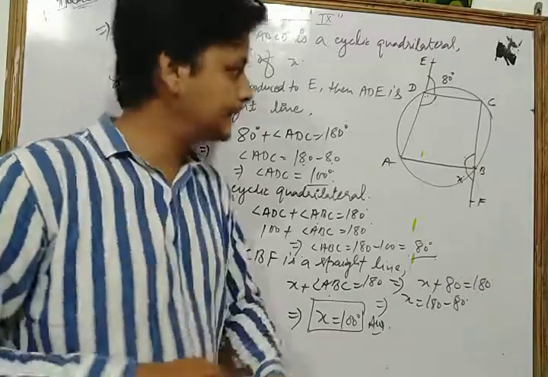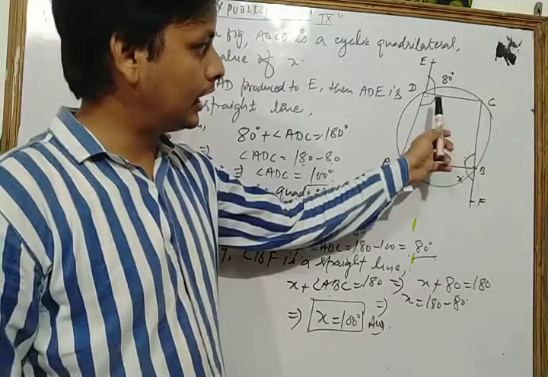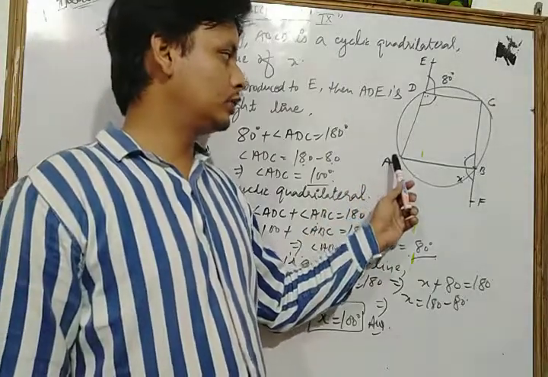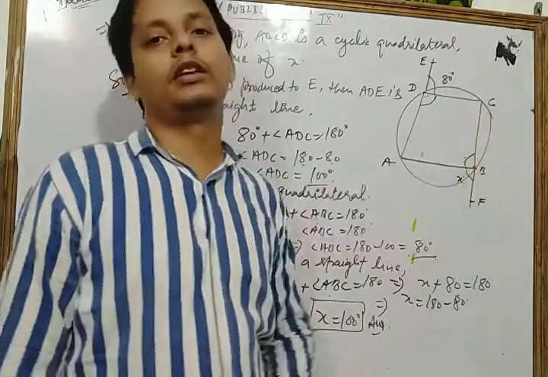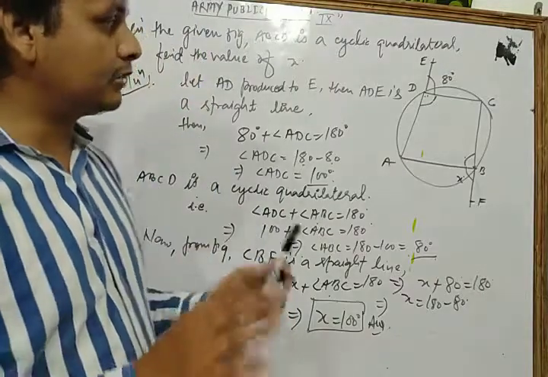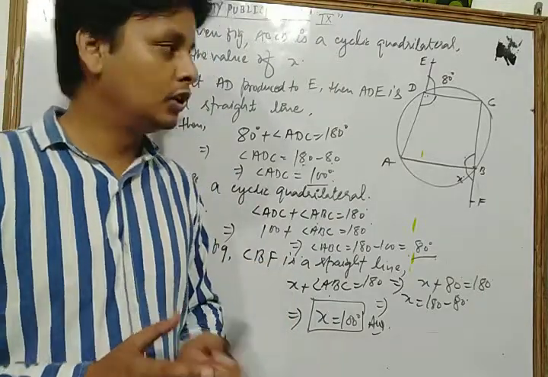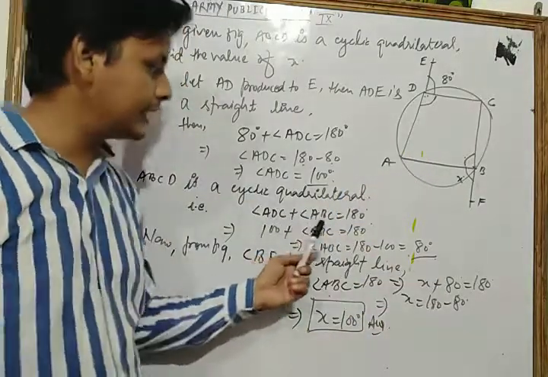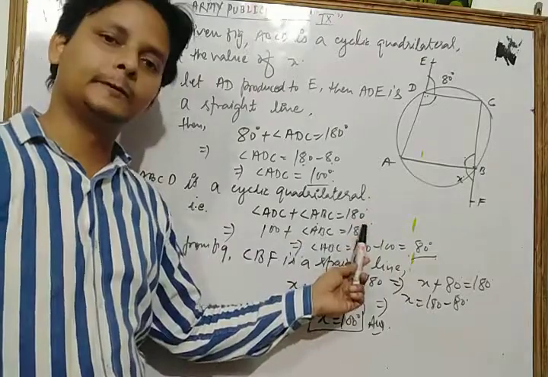Now again from the figure we know that ABCD is a cyclic quadrilateral, so we know that the sum of opposite angles is 180 degree. So here angle ADC plus angle ABC is equal to 180.